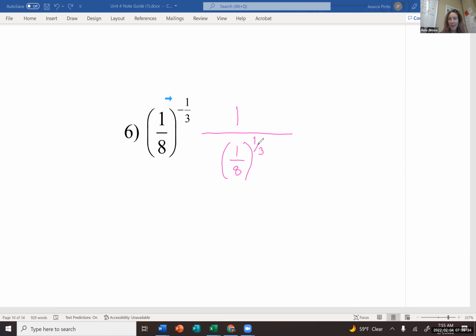Well, this is like one of those complex fractions we saw in section 4.2. This means 1 divided by 1/8 to the 1/3 power.